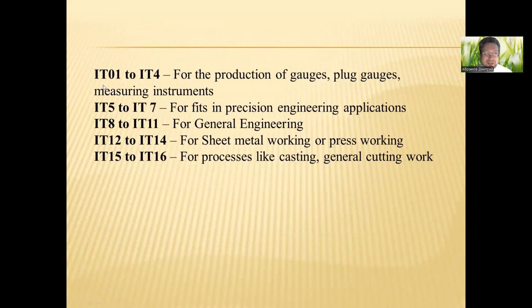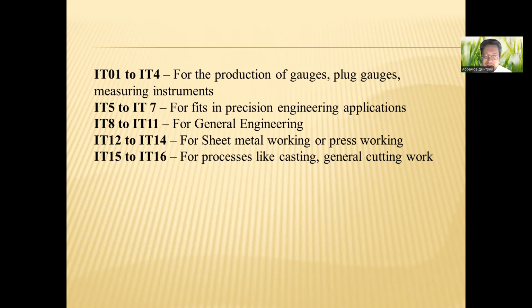IT grade 01 to IT grade 4 are for the production of gauges, plug gauges, and measuring instruments. IT grade 5 to IT grade 7 are for fits in precision engineering applications. IT grade 8 to IT grade 11 are for general engineering. IT grade 12 to IT grade 14 are for sheet metal working and press working.